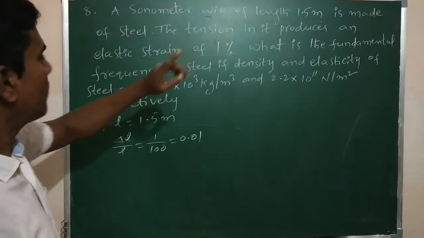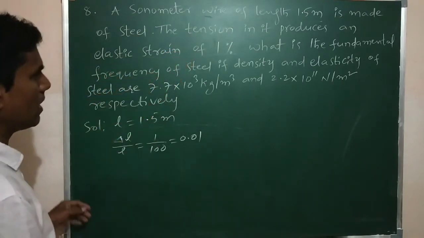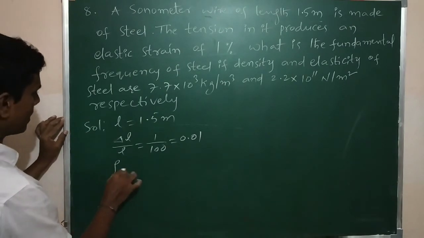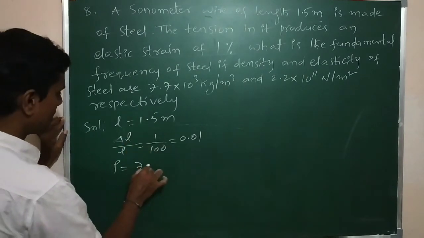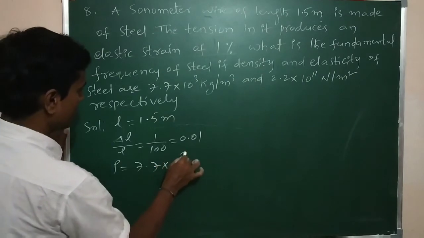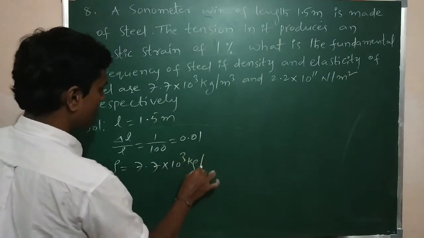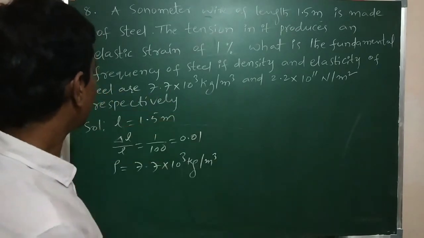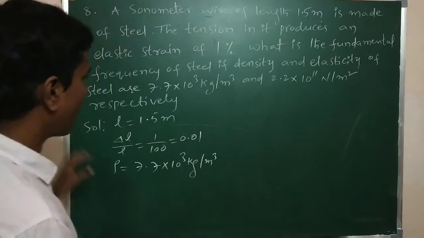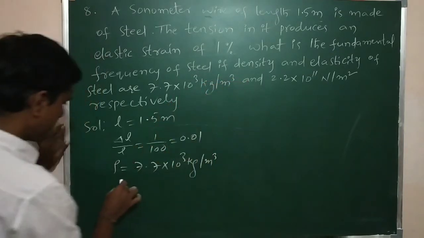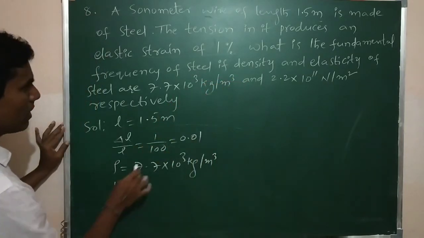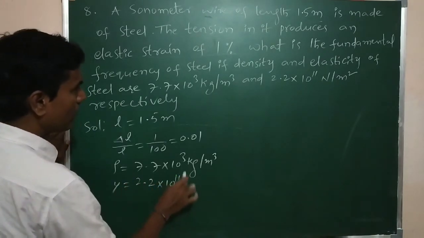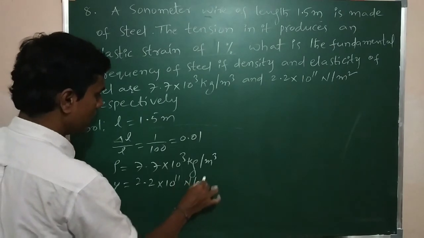The density is given, rho is equal to 7.7 into 10 to the power of 3 kilograms per meter cube. And Young's modulus Y is equal to 2.2 into 10 power 11 newton per meter square.